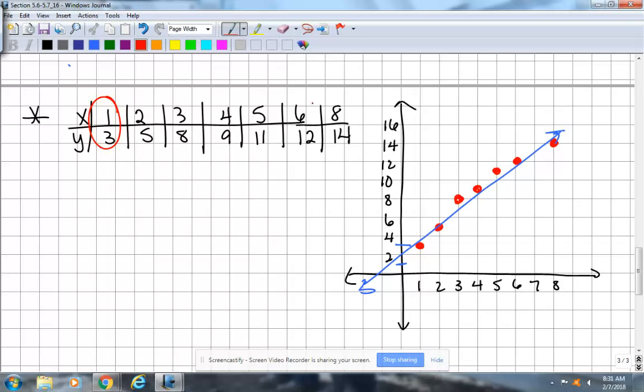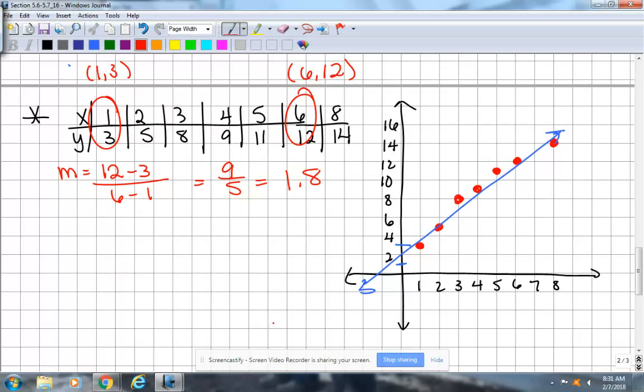So let me do a slope. I'm going to do this one and this one. So remember my y's are on the bottom now, right? So I'm going to have 12 minus 3 over 6 minus 1 is 9/5, and I'm going to go ahead and just tell me what that decimal is. 9 divided by 5 is 1.8. y minus y1 over x minus x1, like we've been doing.